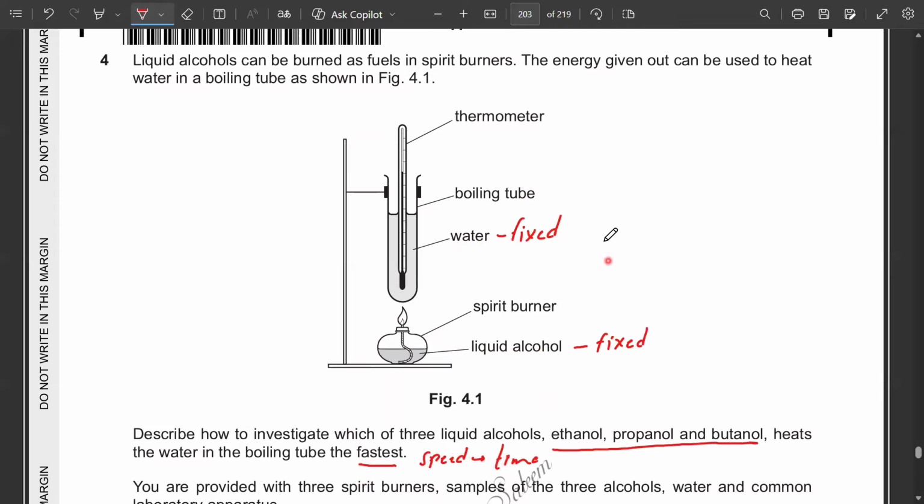So what you can do is record the time in which a particular temperature of the thermometer is achieved. Let's suppose 80 degrees, because do not say boiling at 100 degrees, because the temperature does not increase after 100 degrees. You can set, let's suppose, 80 degrees to check it.